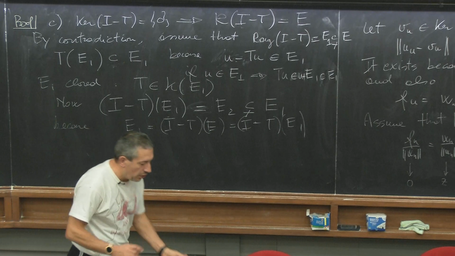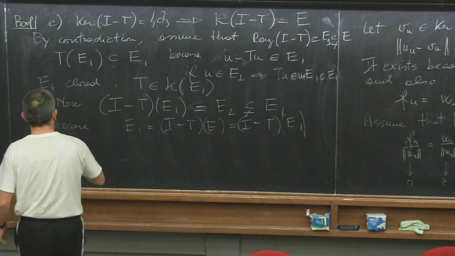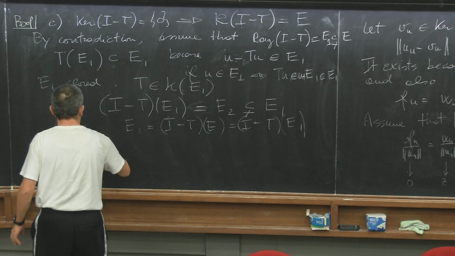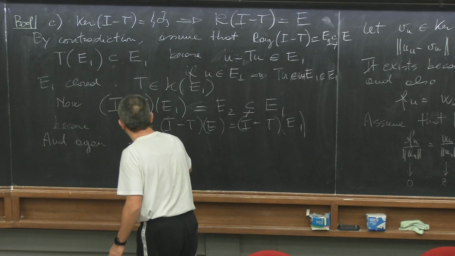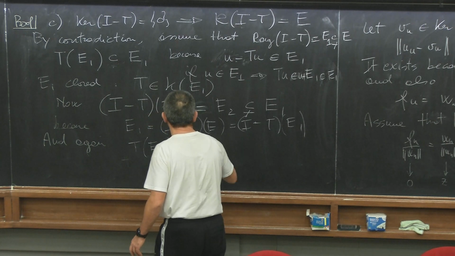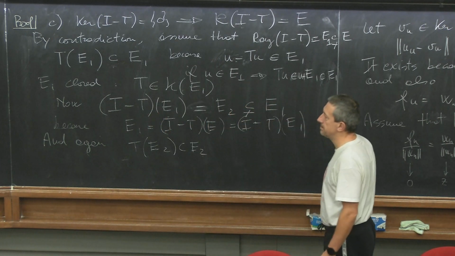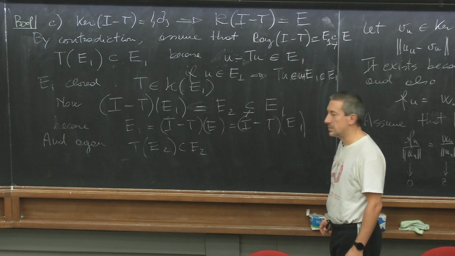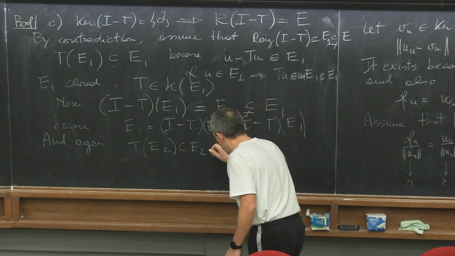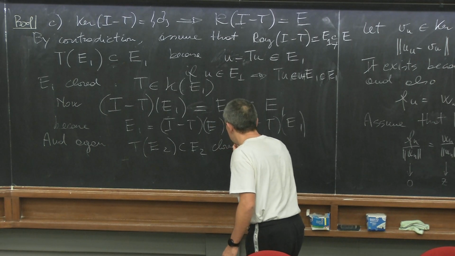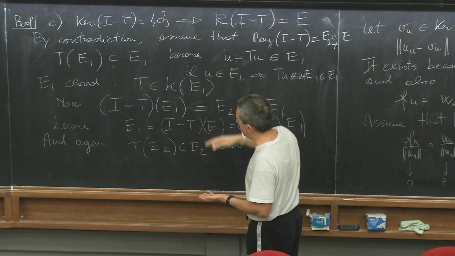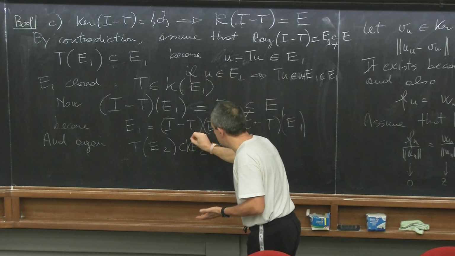So then we go on, and then we discover again T of E2 is contained in E2, which is closed, because I know that the range is closed if it is contained in a compact set.